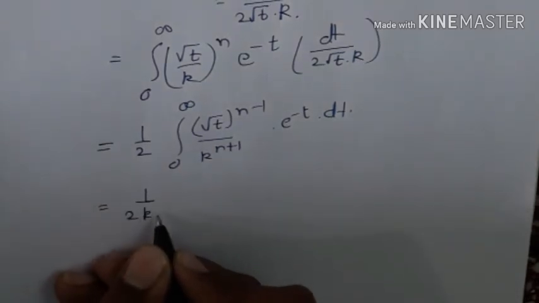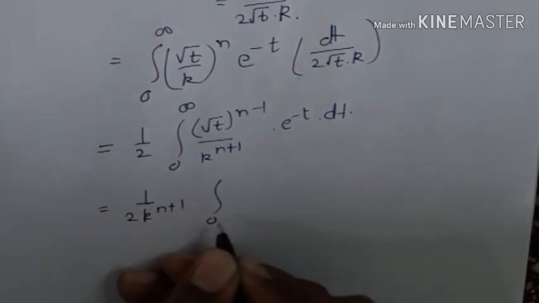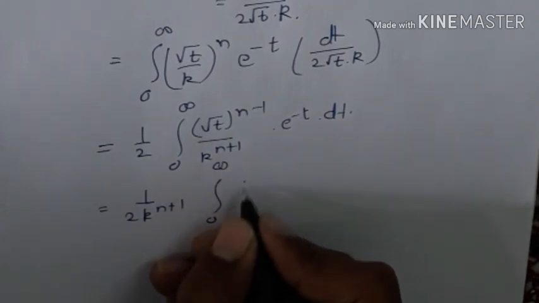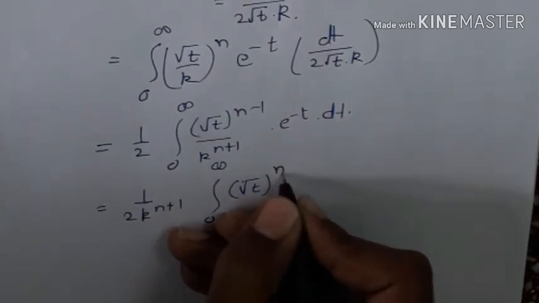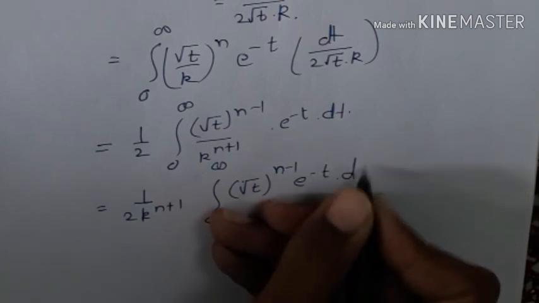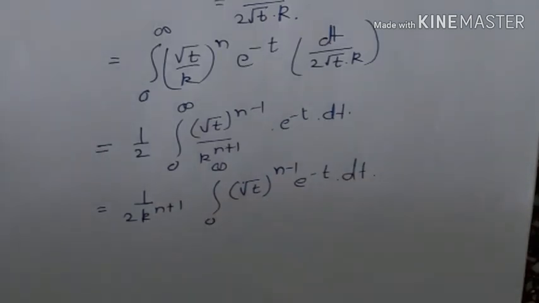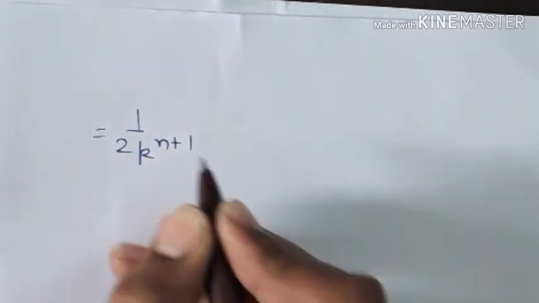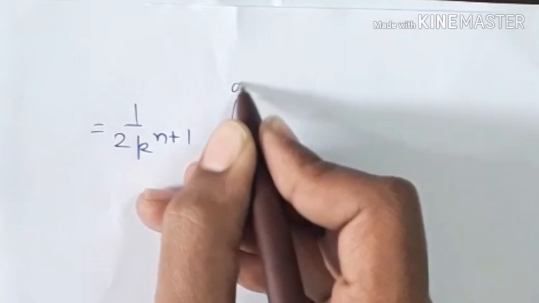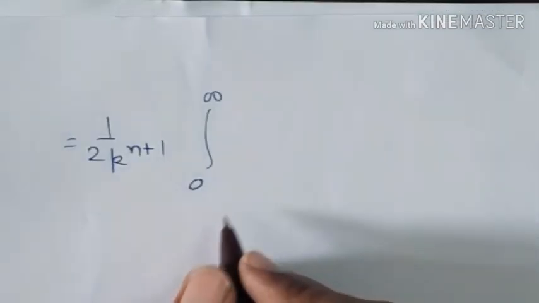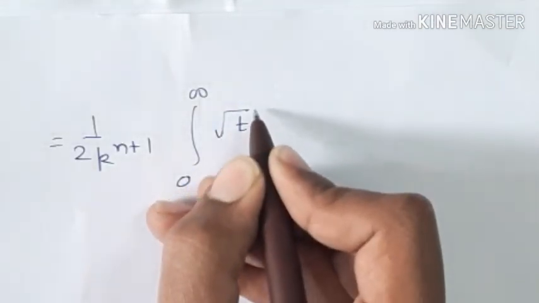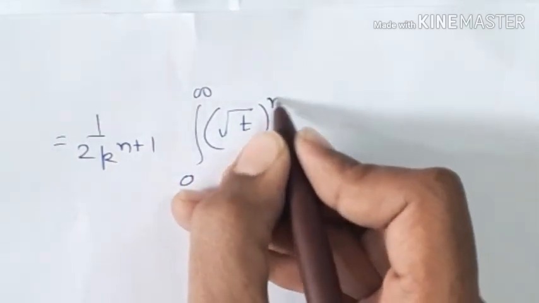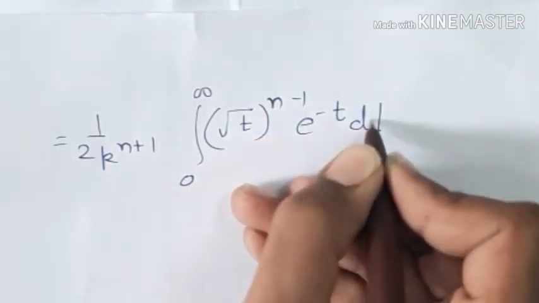So we get 1 upon 2k raised to n plus 1 times the integral from 0 to infinity of root t raised to n minus 1 e raised to minus t into dt.